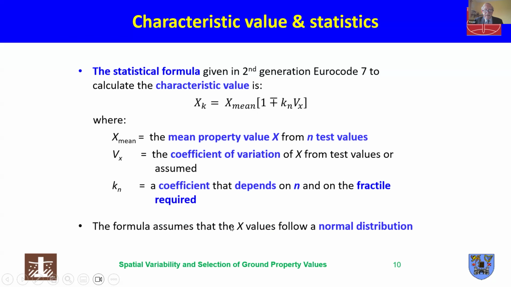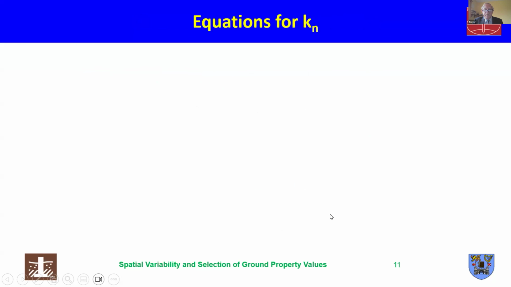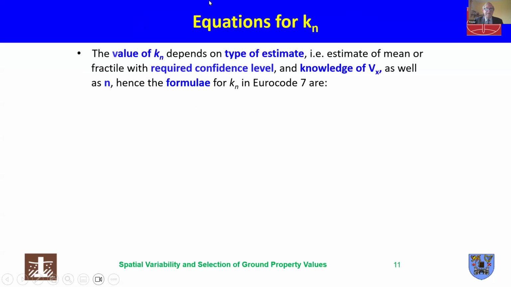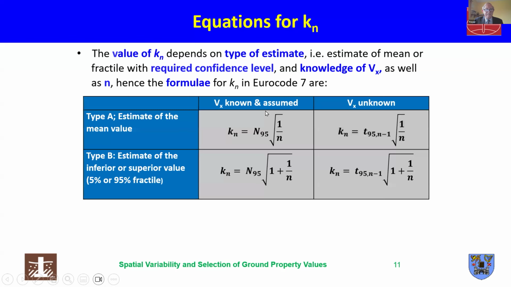And the formula assumes that the x values follow a normal distribution. Now, typically, the value of k depends on the type of estimate, whether it's a mean or fractile with the required confidence level, as well as on n, and hence on the formula for kn.